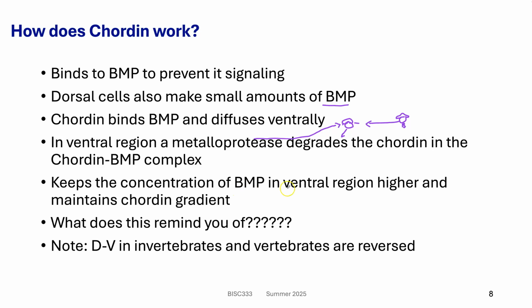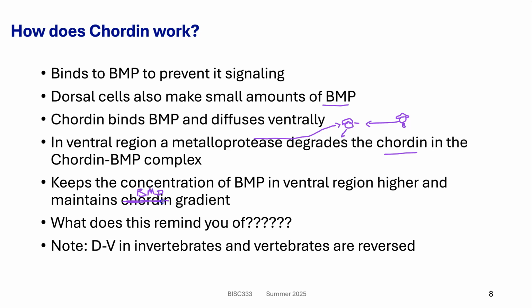It can move wherever it can get to. So what you have in this sense is cordon kind of picking it up where it's not wanted and moving it back to where it is wanted, and maintaining the gradient of BMP on the ventral side, not cordon, but BMP.